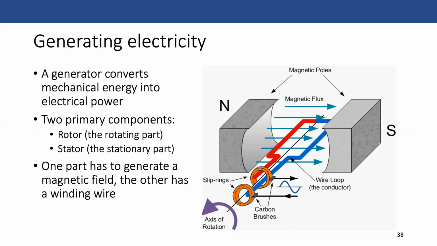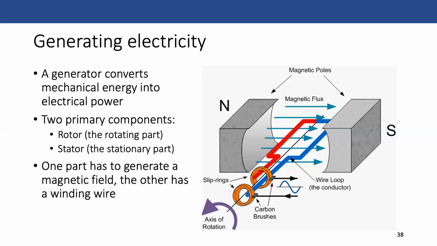The principle that this works on, if you remember from physics, is if you move a magnet through a coil of wires, you will induce an electric field, and that is what's generating electricity.